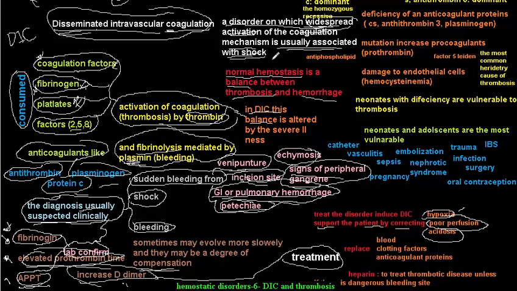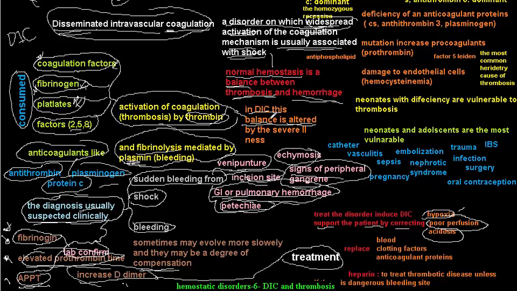What really happens here is that in normal hemostasis we have a balance between thrombosis and hemorrhage. Each second in your body you have processes of coagulation, and on the other side you have processes of hemorrhage that oppose this coagulation. So in DIC we have an alteration in this balance.